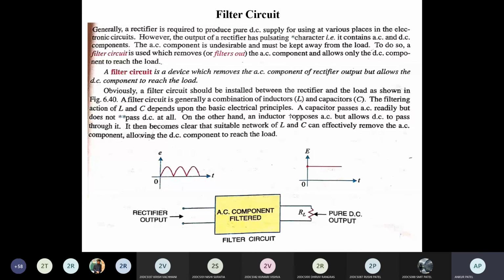Here in the filter we need to remove the AC component, so by arranging the inductor and capacitor combination, you can use this filter circuit to remove the AC component of the rectifier. Anyone having doubt regarding this?